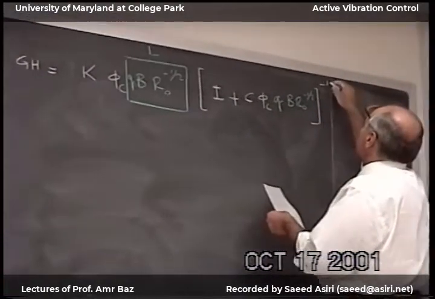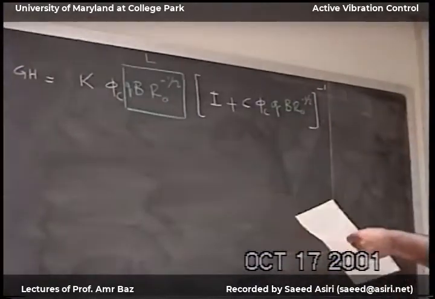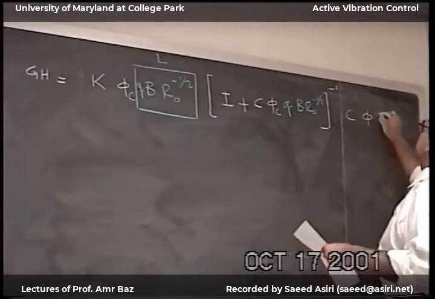And this whole thing is inverse. And then we multiply by C, P and B.